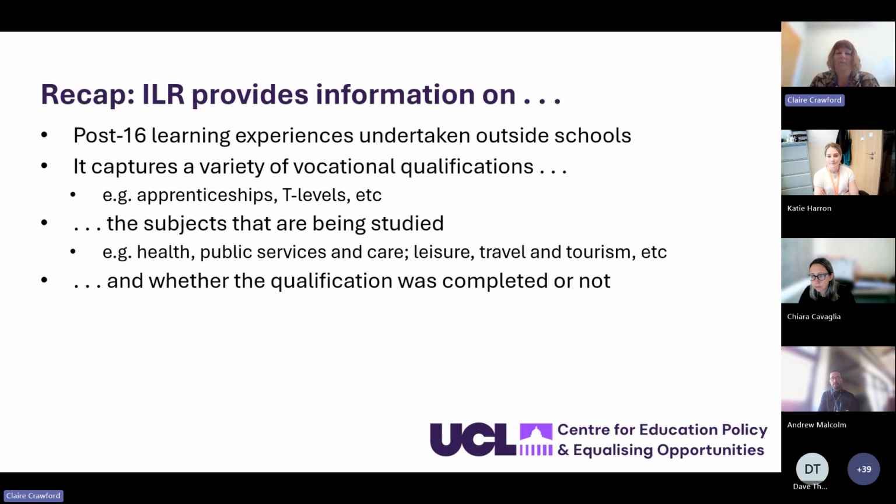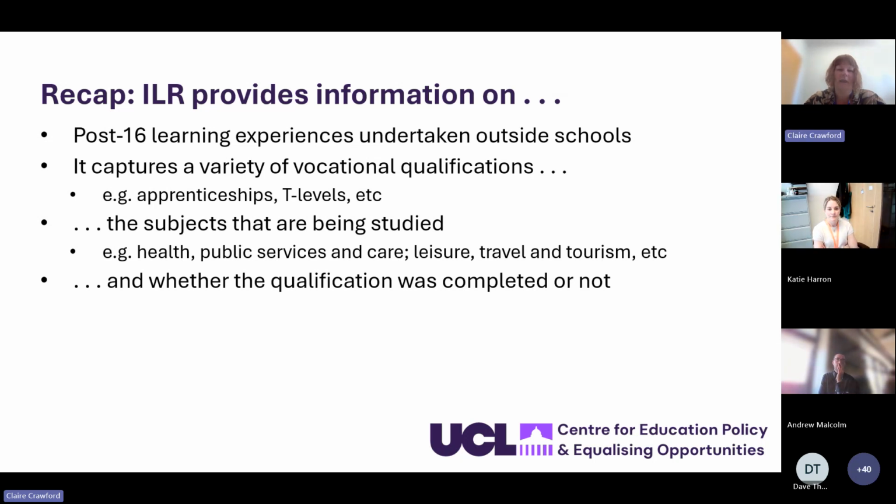As well as the type of qualification, you see the subjects that are being studied, from quite a granular to quite an aggregated level. So you can see people who are studying health-related qualifications, for example, or business or leisure and so on. And then you can also see whether the person has completed the qualification or not. Did they attend and then drop out, or did they go on to finish that qualification?